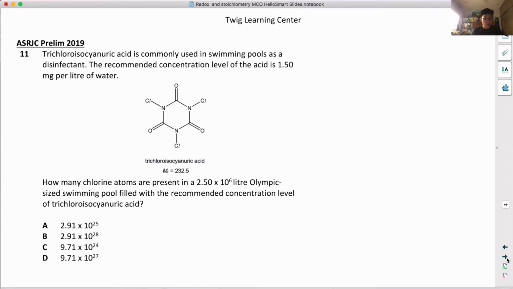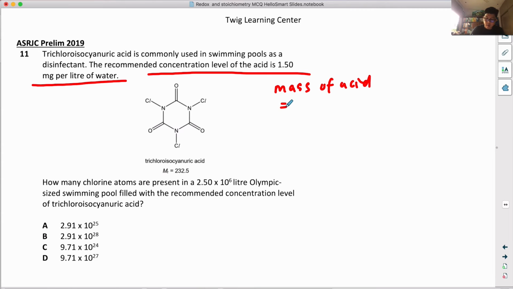How many chlorine atoms are present in so much liter of Olympic sized swimming pool? They say the recommended level of this acid is 1.50 milligrams per liter of water. So I'm going to find out the mass of the acid first.